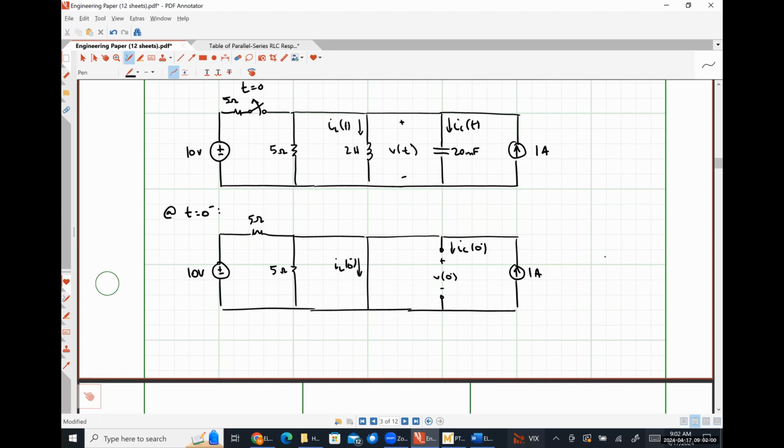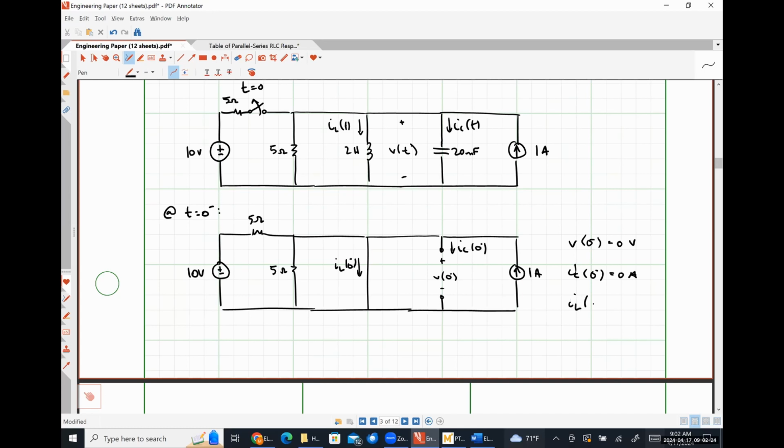So I believe that V at 0 minus has to be 0 volts because it's the voltage drop across a short circuit. IC at 0 minus has to be 0 amps because it's the current flowing through an open circuit.